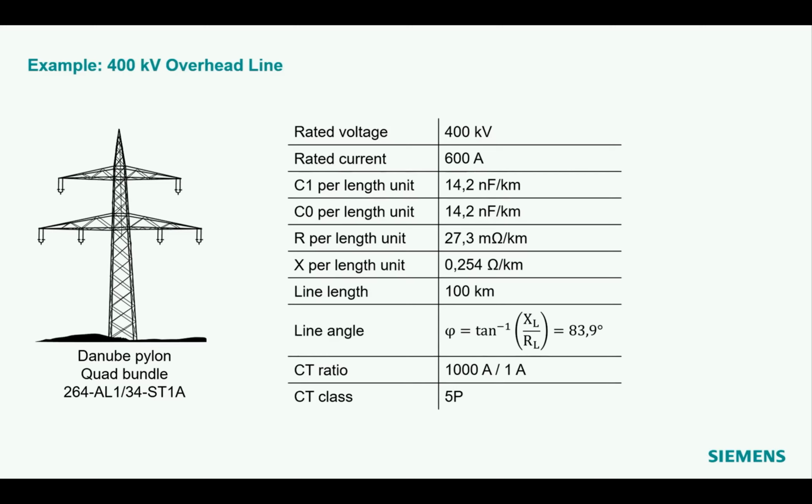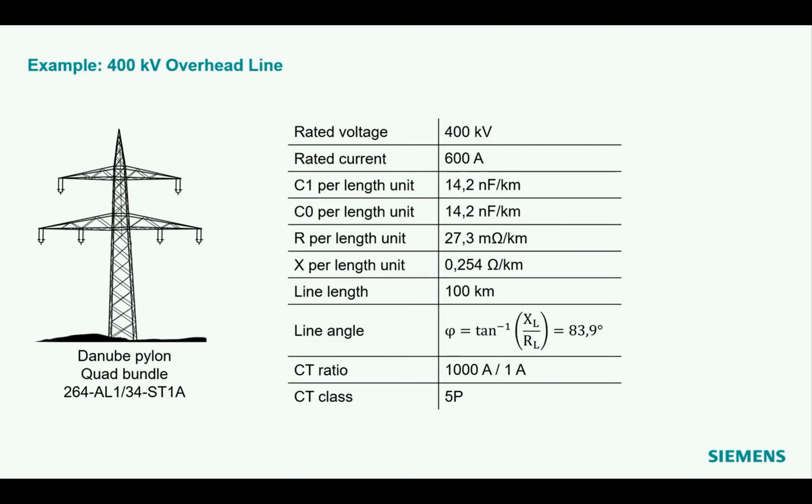In our example, I will use the same data for both sides, but it is possible to have different CT ratios on the different line ends. Important is that you have set the same nominal current on all ends. If not, the communication will be blocked. Only if there is a transformer within the protection zone, the nominal current can be different. In that scenario, the nominal power must be equal.